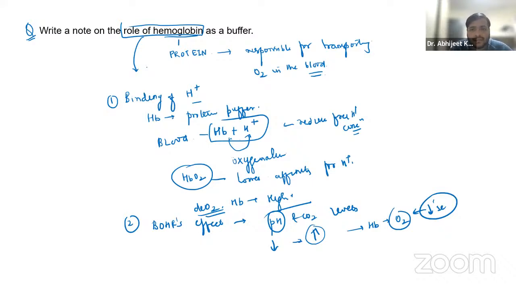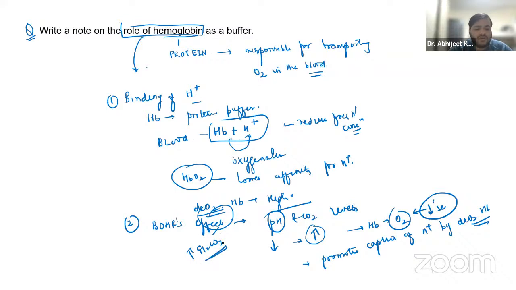This promotes oxygen release. In turn, this promotes the capture of hydrogen ions by deoxygenated hemoglobin. This effect is very important in tissues where metabolism produces carbon dioxide. If more carbon dioxide is there, there will be more carbonic acid, H2CO3, and subsequently hydrogen ions.